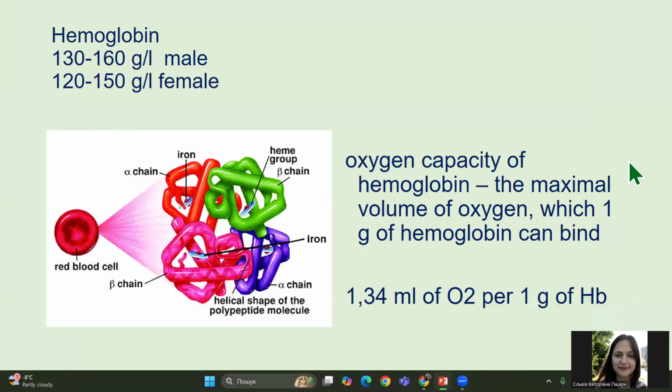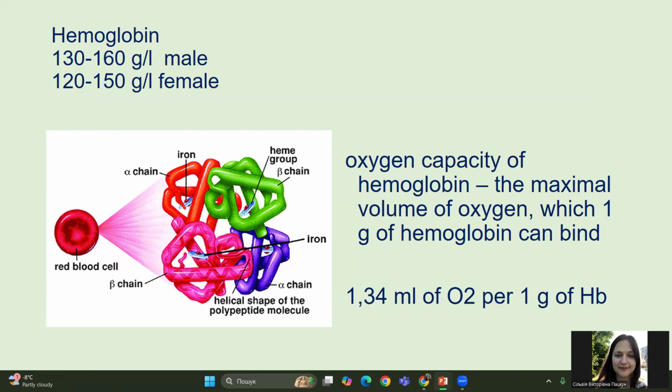Hemoglobin is the main component of erythrocytes. It makes from 130 to 160 grams per liter in male and 120 to 150 grams per liter in female. Oxygen capacity of hemoglobin is the maximal volume of oxygen which 1 gram of hemoglobin can bind.